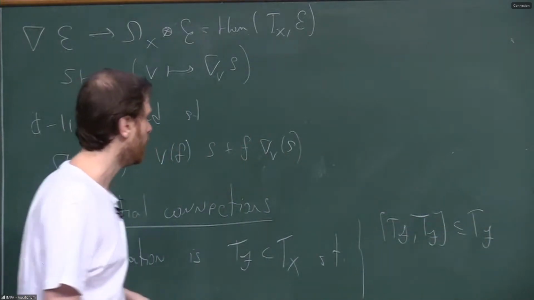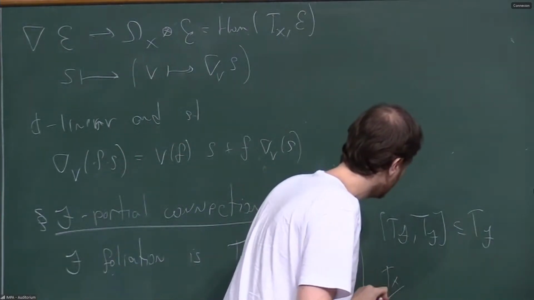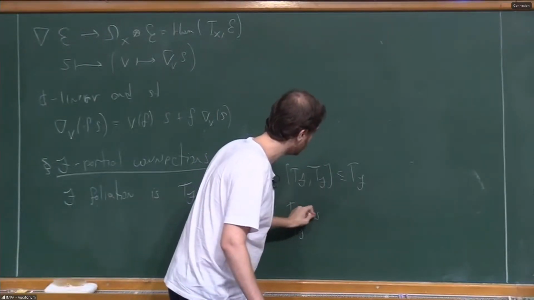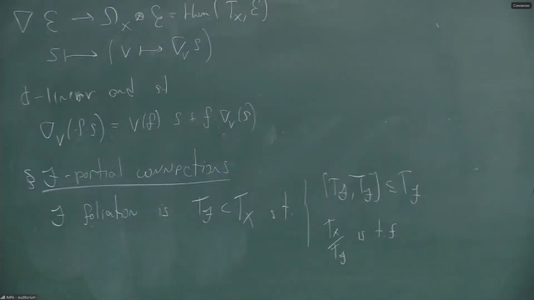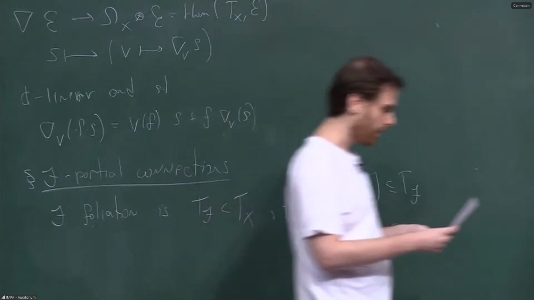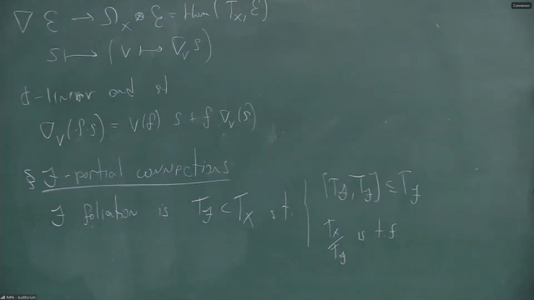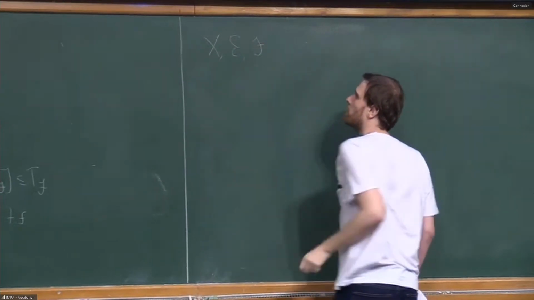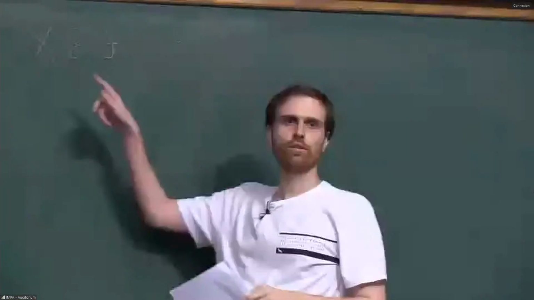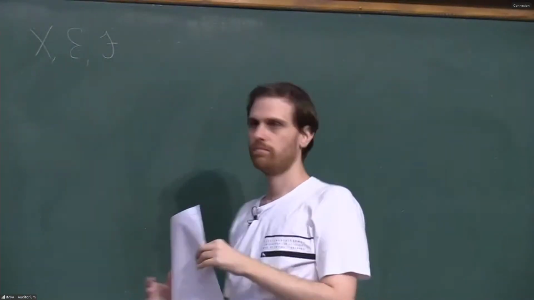And second, the quotient is torsion free. This is a foliation in our sense here. And given a smooth variety X, a sheaf E and a foliation F, we can define an F-partial connection on E.